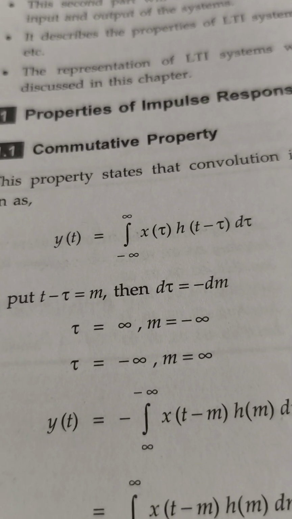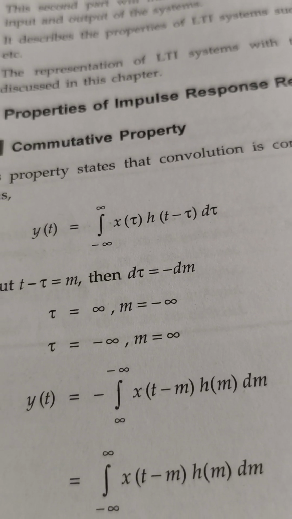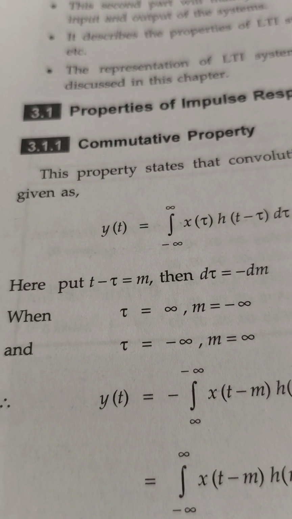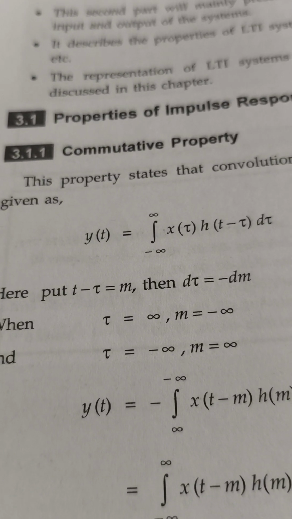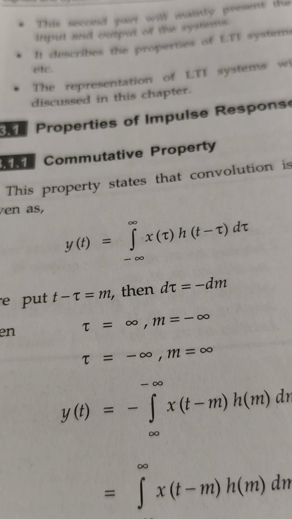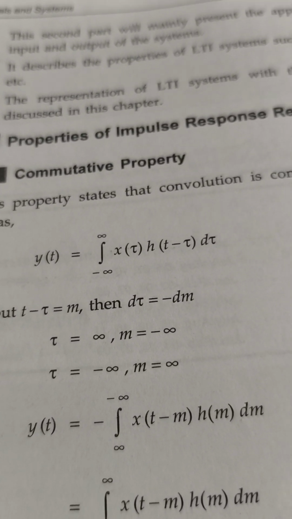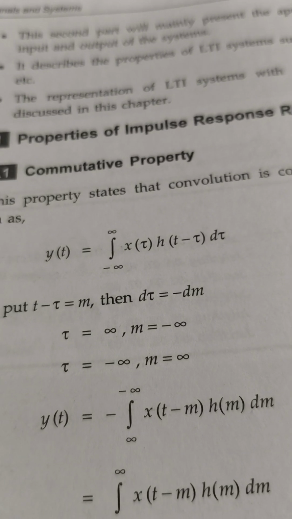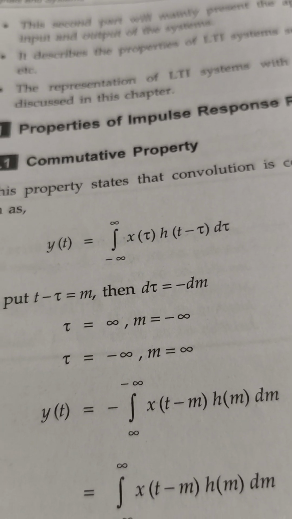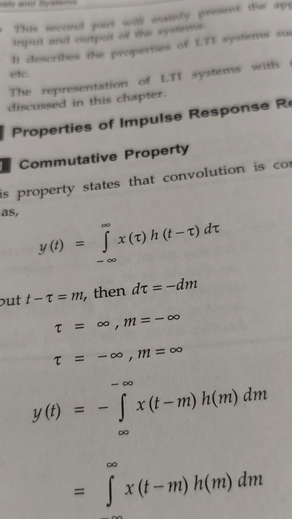If we rearrange, tau is equal to t minus m. Here t works as a constant, and we are differentiating with respect to m, so d tau equals minus dm.